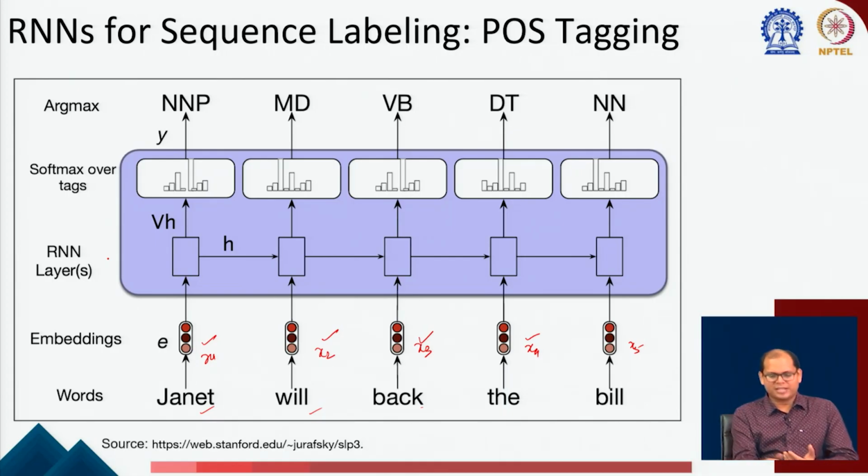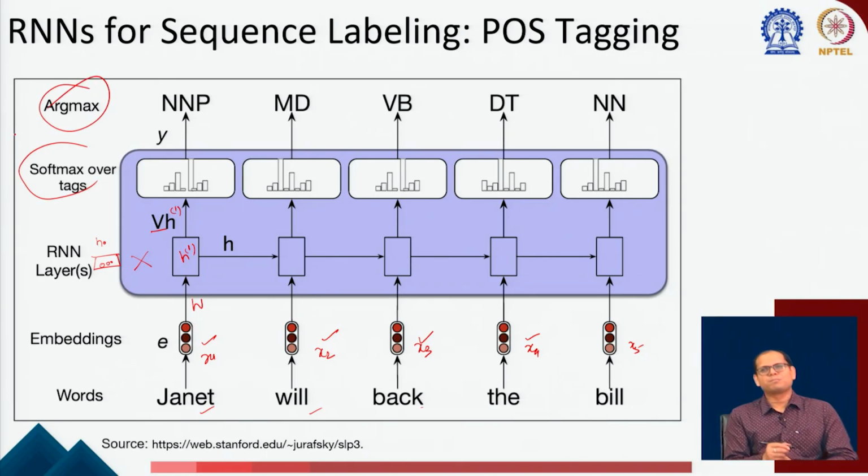This is very similar to saying that your initial hidden state is all zeros. So that means no input comes from that, right? So you apply the matrix W here, and you get the hidden state H1. You apply the matrix V to this, and you get a probability distribution over the entire tag set, right?